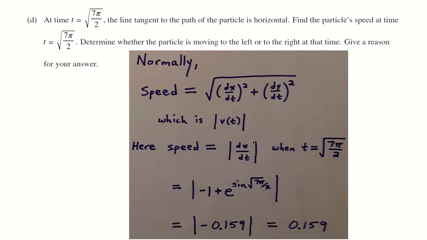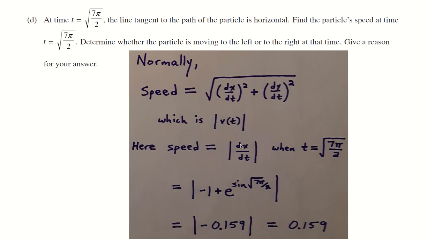But here, since the path is horizontal at that time, we only really need to worry about the x component, because it's perfectly horizontal. It's almost like there is no y component to the velocity. So here we can just take the absolute value of the velocity for x.